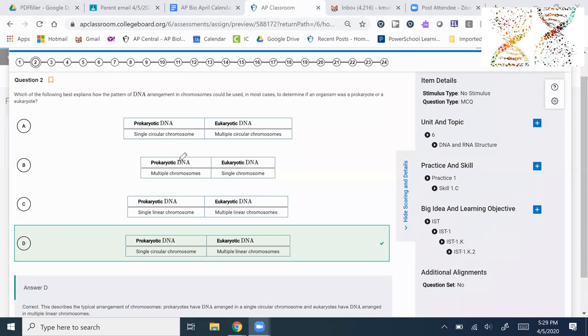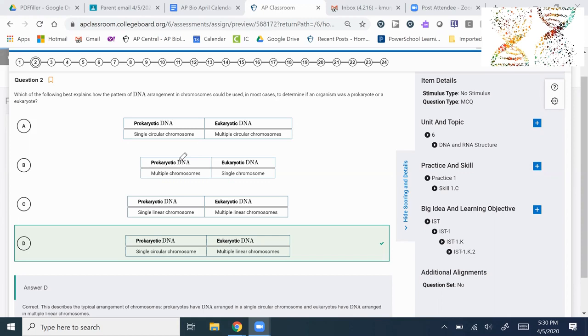And so basically you should be thinking in your head, prokaryotic DNA is circular and it's a single chromosome. Eukaryotic DNA is linear. All right, and we know that we have 23 pairs of chromosomes.